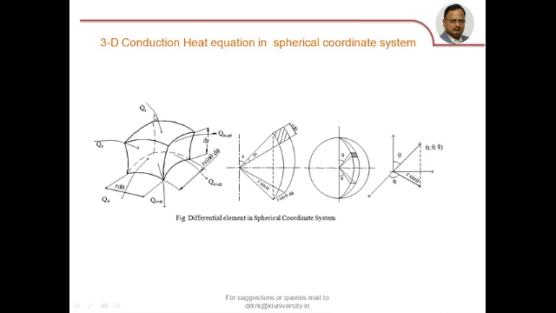In the radial direction, according to Fourier law, Q_r equals minus k A dT by dx. Here the thickness dx is dr. And the area A is normal to the direction of heat flow, that is this face, having an area equal to r sin theta d phi into r d theta.